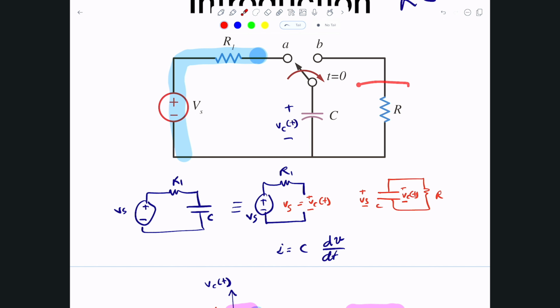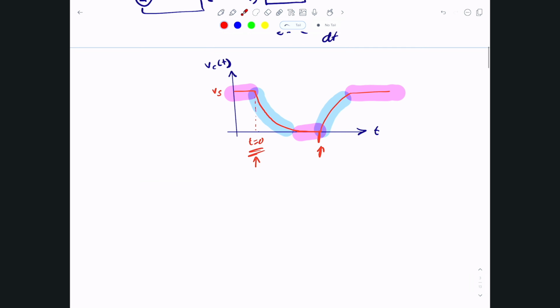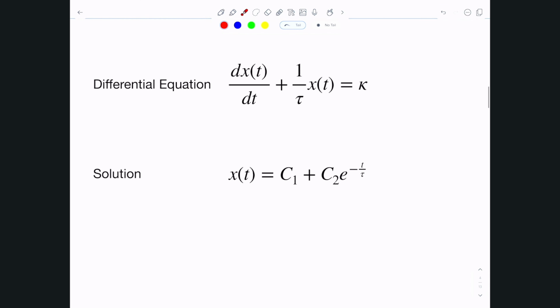Similarly, on the other side, you can combine a bunch of resistors together to get some sort of an equivalent resistor. And if you were able to reduce the circuit to this particular shape, where you have a voltage source or a Thevenin equivalent on this side and an R on this side, you will be able to describe the circuit with a simple differential equation that looks similar to this.